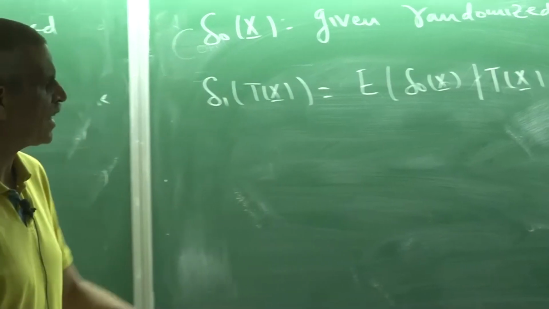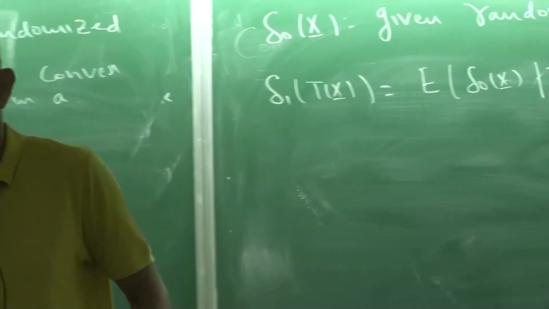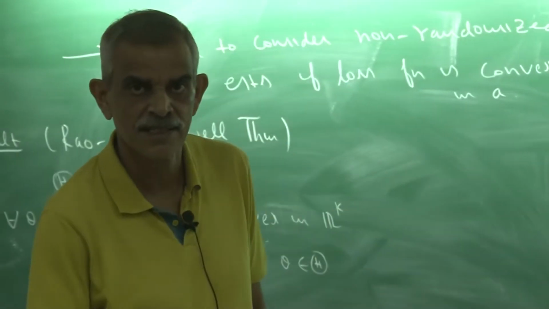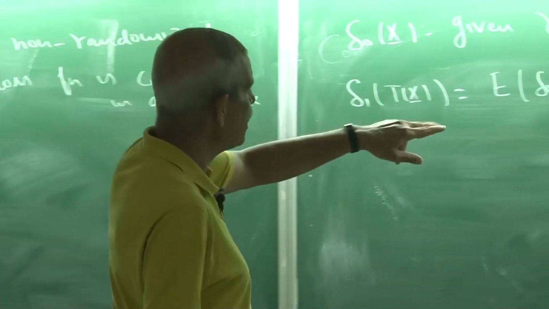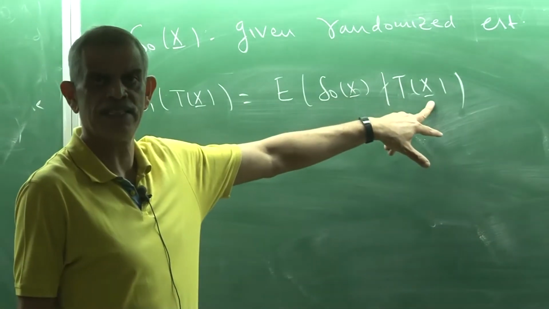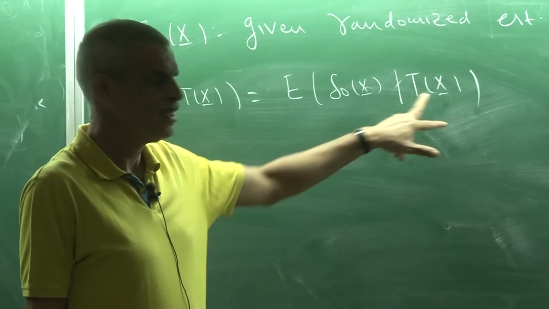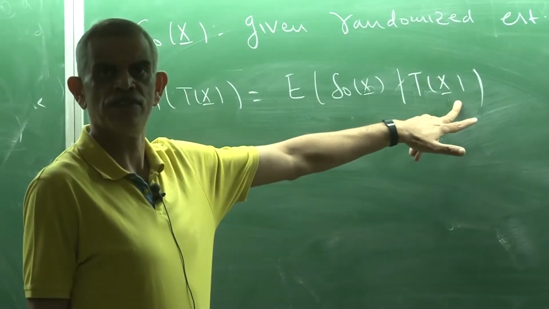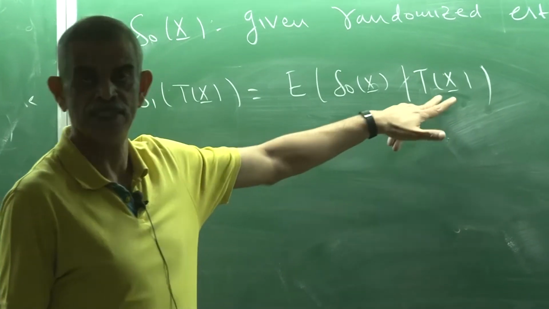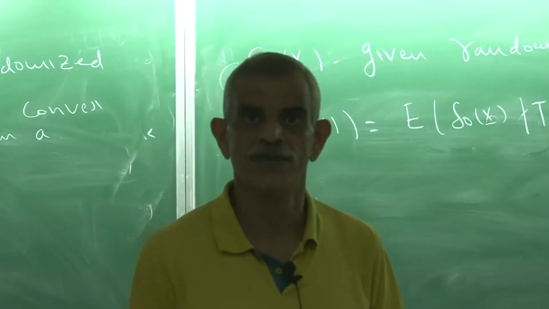So that means you take the expected value of delta naught with respect to the conditional distribution of x given Tx. Now note that Tx is sufficient, so the conditional distribution of x given Tx does not depend on theta. So this quantity only depends on whatever is given to you, which is Tx, not on theta. So it is a proper estimator.